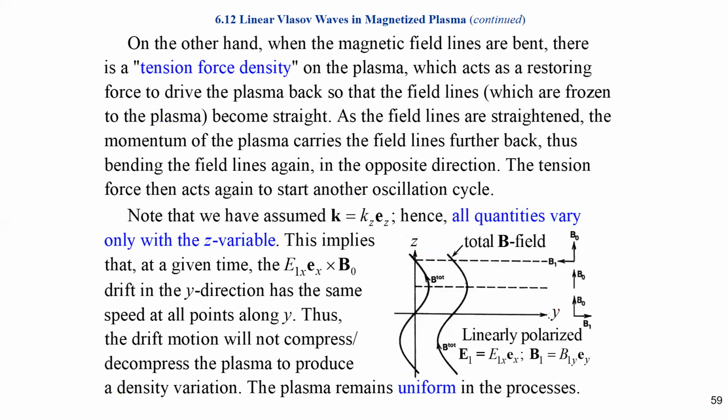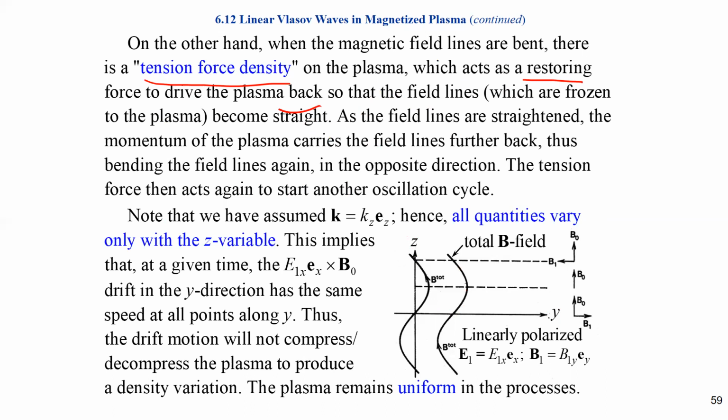Another case. On the other hand, when the magnetic field lines are bent, there is a tension force. What is the tension force here? When the field lines are bent, there is a force that wants to straighten them, producing a restoring force to drive the plasma back so that the field lines become straight.